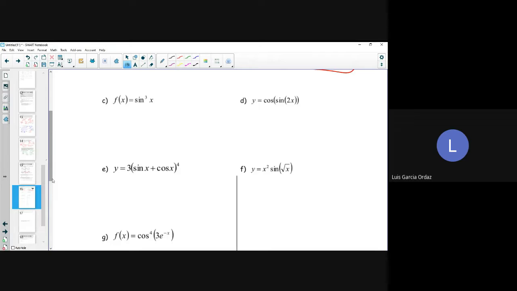What this derivative would look like would be f prime of x is equal to, bring the 3 in the front, 3 times sine x to the power of 2 times cos of x, which gives me 3 times sine squared x cos x.